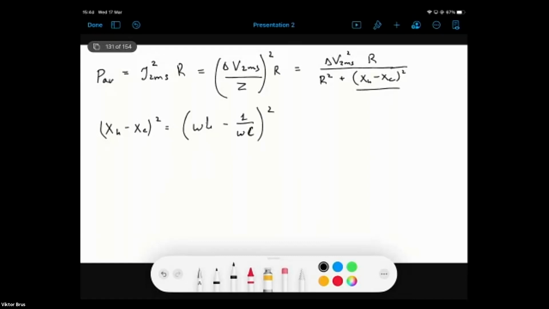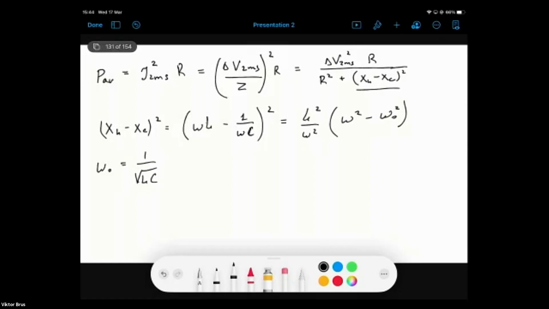And from here, it's possible to show that this will be equal to L squared omega squared times omega squared minus omega naught squared, where omega naught is equal to 1 over the square root of L times C.